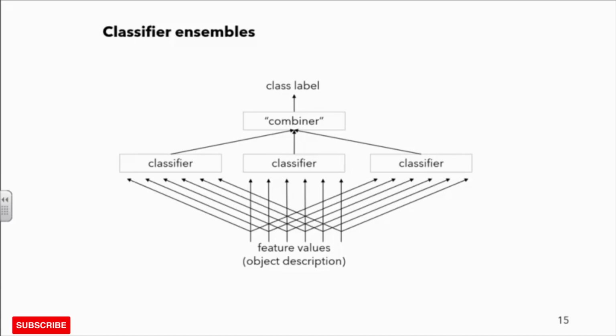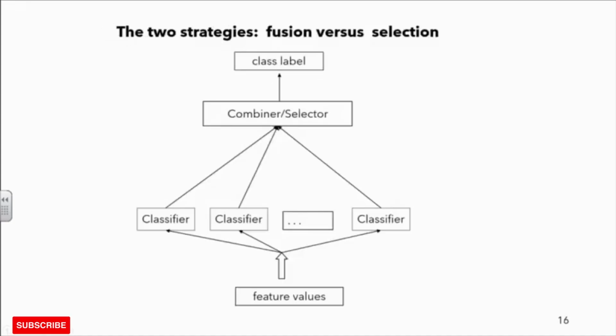So, yes, that's the majority. The majority of the classifiers said it was 2, so maybe we should consider that this is 2. So it's like there is a vote, and whoever wins most of the vote wins. So that's one way to combine these results. You're right.